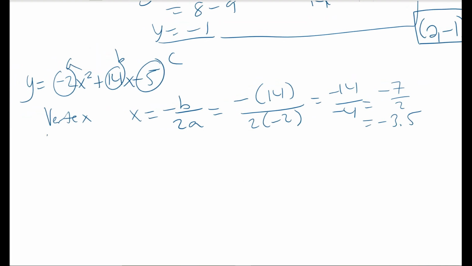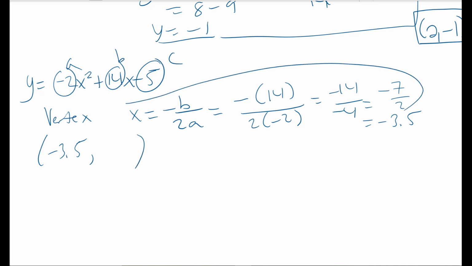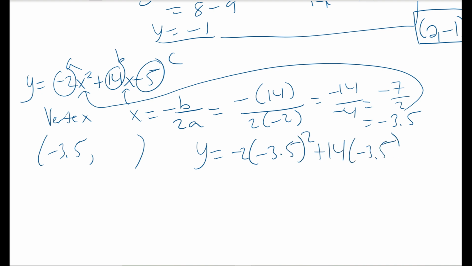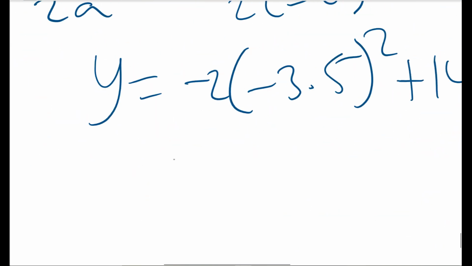All right, so the vertex is at x equals negative 3.5. Let's plug this into our original equation so that we can get the y coordinate of our vertex. Negative 2 times negative 3.5 squared plus 14 times negative 3.5 minus 5. I'm going to zoom in on this real quick, and we'll get this number.